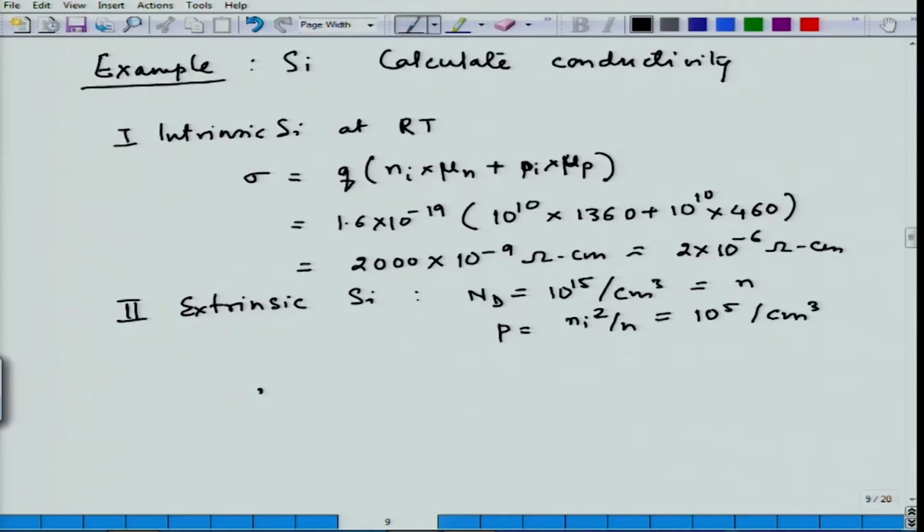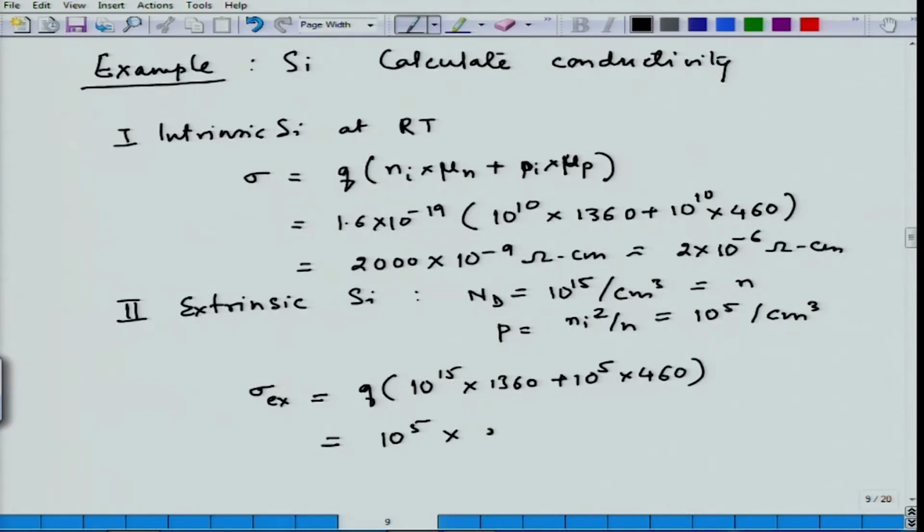So, if I calculate for the extrinsic semiconductor, then sigma will be equal to q times 10 to the power 15 multiplied by 1360 plus 10 to the power 5 times 460. And if you do this calculation, the value that comes out is approximately 10 to the power 5 times sigma intrinsic.